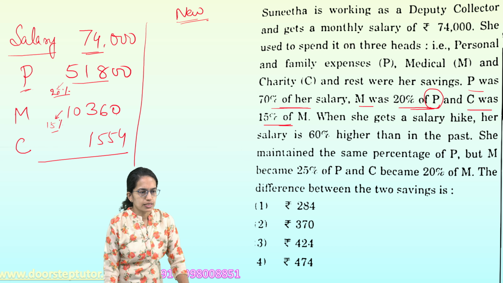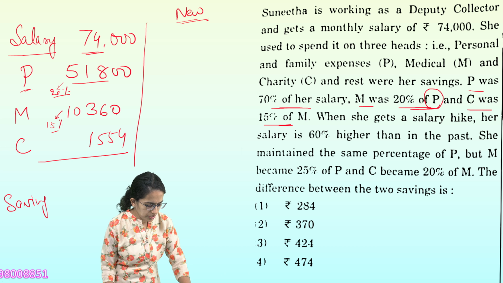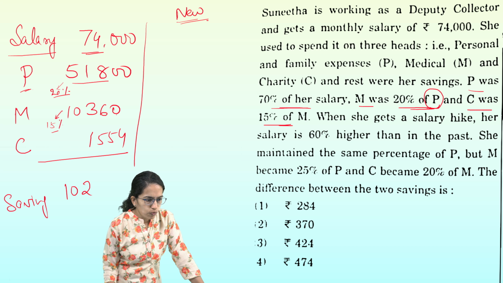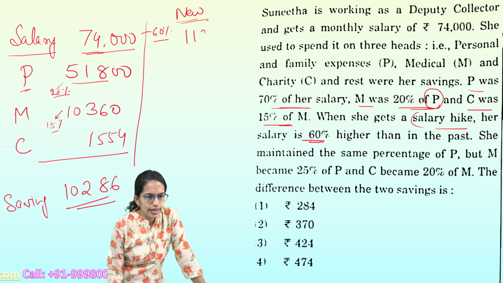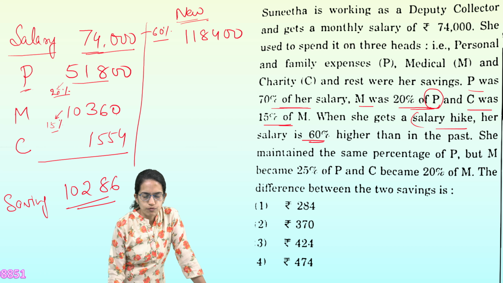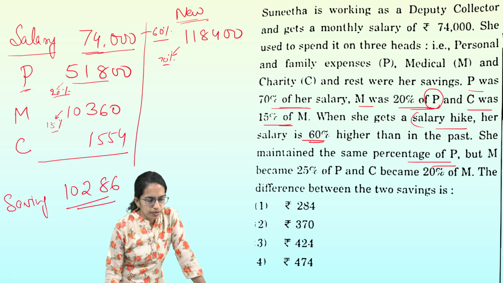Now when I sum these up and subtract it from the salary, I get my savings, and my savings turn out to be, I have calculated it for the easy settings here, 10286, right? Now in the new case, the salary hike is 60%. So 60% of this added to the original 74,000 gives me 118,400. Now of this I again maintain the same percent of P. So of this I have again 70%. So 70% of this gives me 82880.